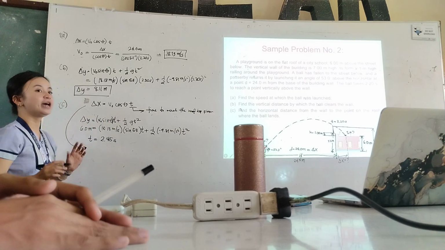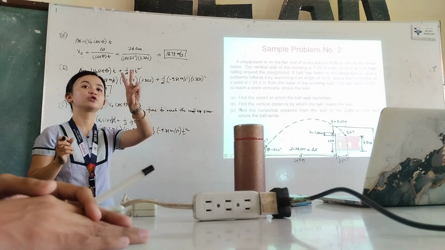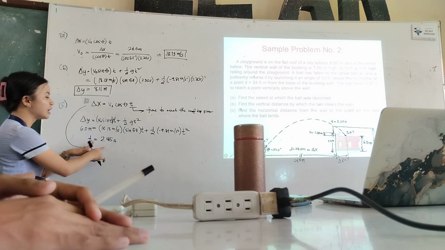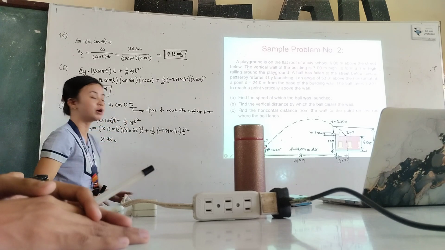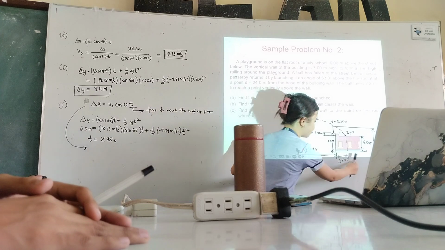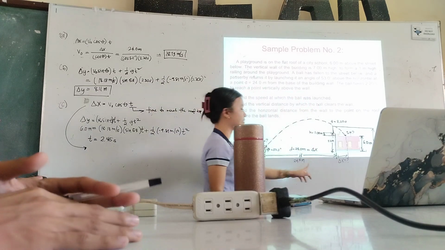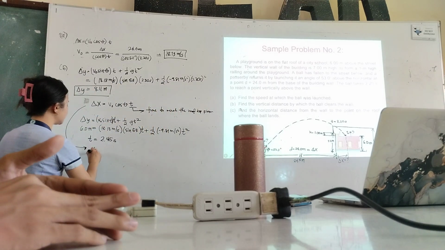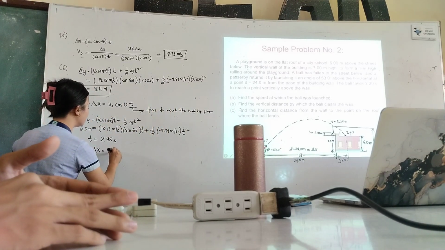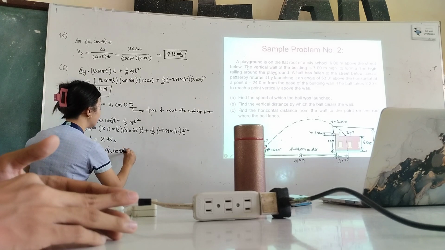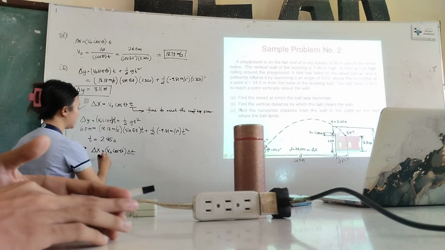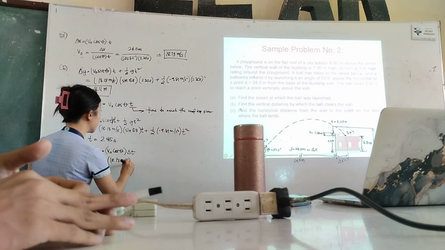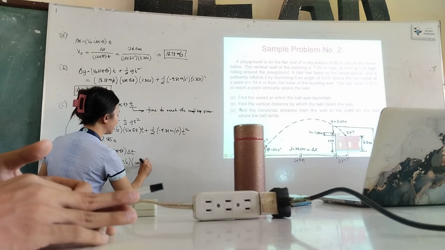There are 2 ways to solve this problem. We can use substitution here. But if we use 2.45 here, the answer is the distance from this point to this point, then subtract 24. We can also use delta x equals V0 cosine theta delta t, where V0 is 18.13 meters per second, cosine 53.